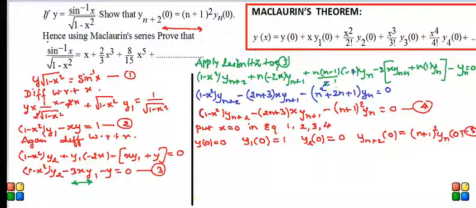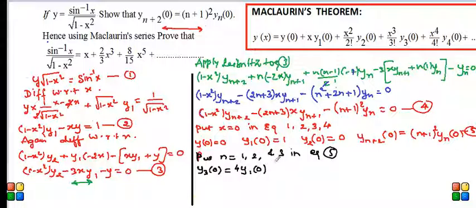The second algorithm: when we put n equal to 1, 2 and 3 in equation number 5, we get y3 of 0, with n equal to 1, 1 plus 1 is 2, 2 square is 4, 4 times y1 of 0.